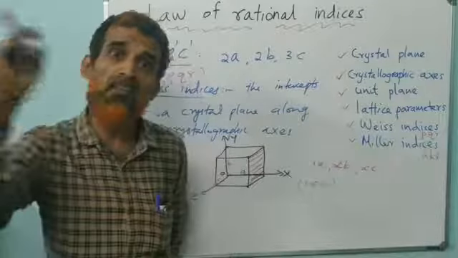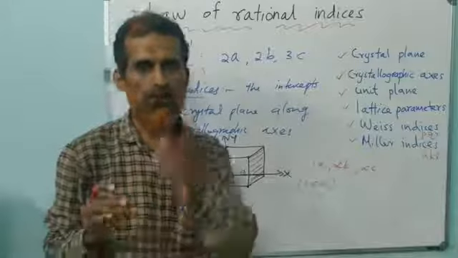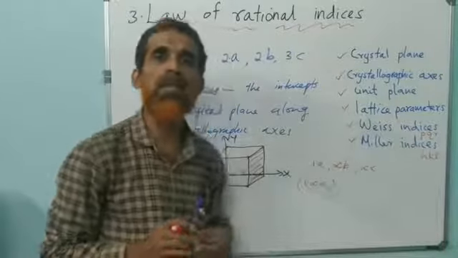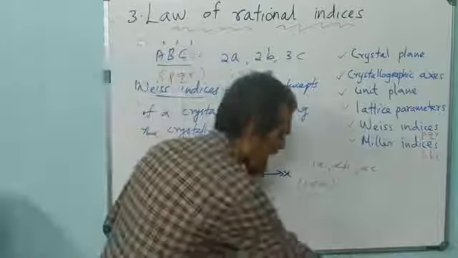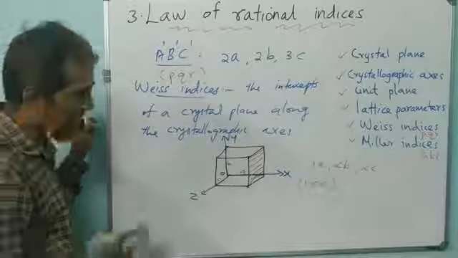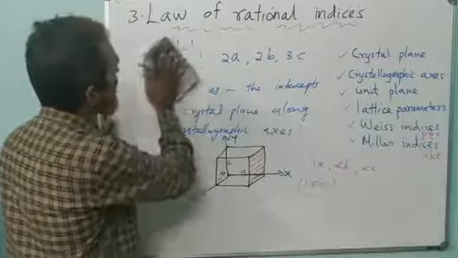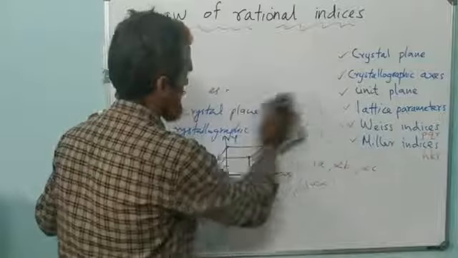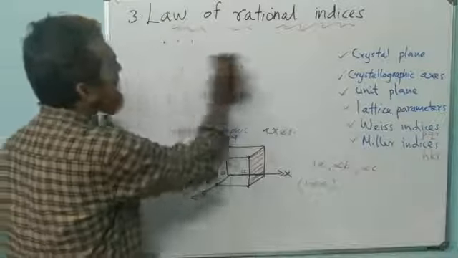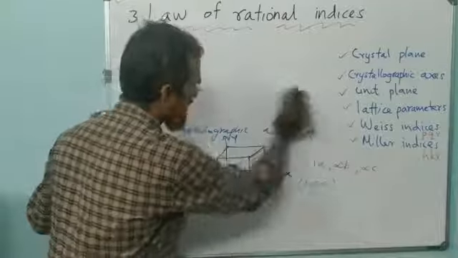So here we feel the need for a better term for representation. That is what is called Miller indices. The crystal planes are better described in terms of Miller indices. So what are Miller indices? It's very simple.